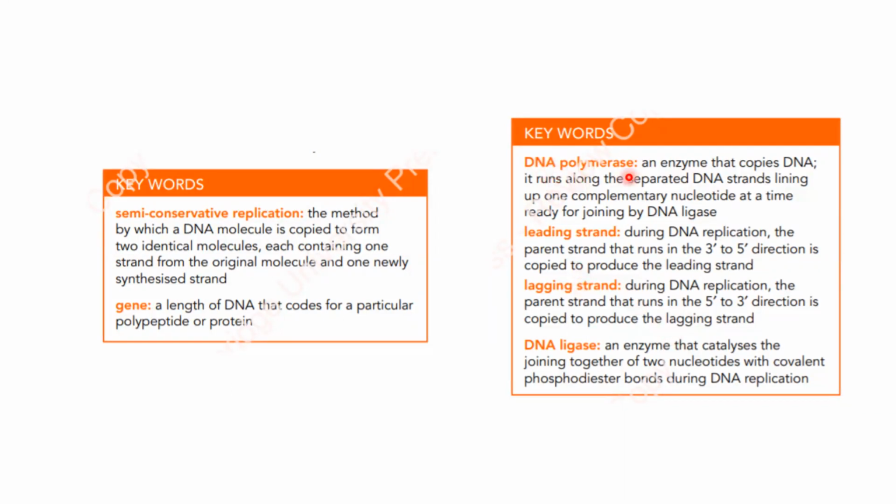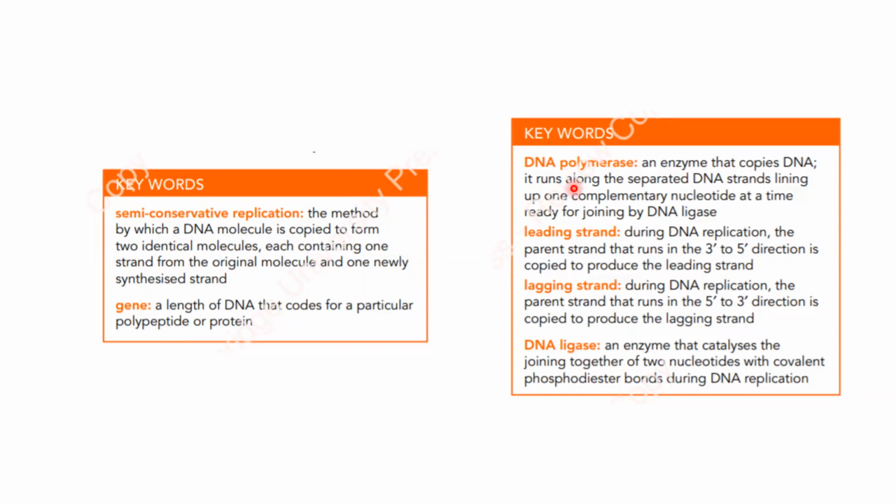You understand DNA polymerase, you understand the leading and lagging strand, the ligase enzyme, and you also know what a gene is, in case anybody had missed my topic 1, which I think a lot of you guys have. In topic 1, I told the class what a gene was. Just to repeat it for you guys, a gene is a segment on a chromosome that codes for a specific protein.